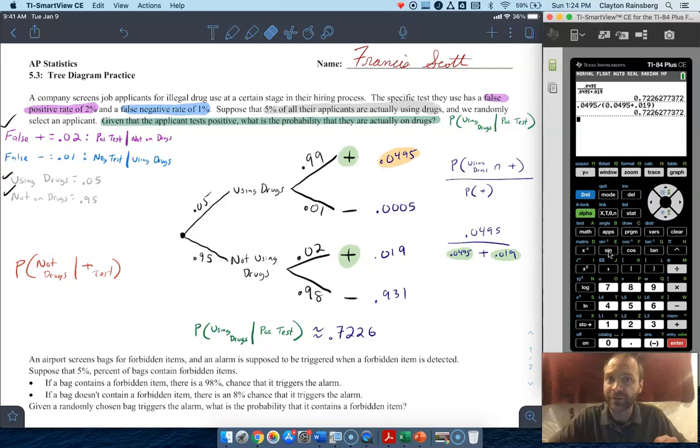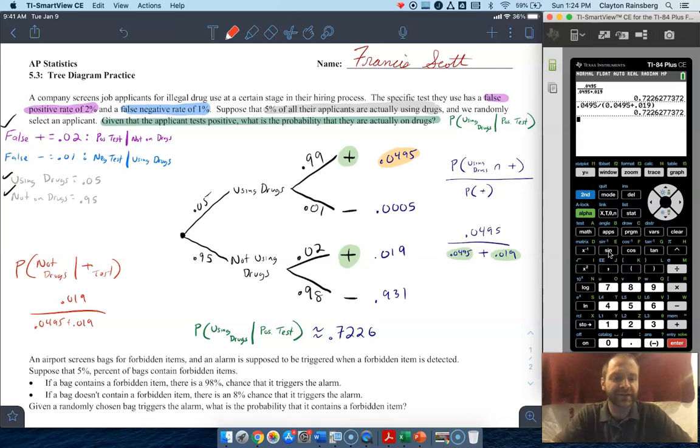It's a very interesting question, because let's do the same idea. I'm going to find the and first. The and would be not using drugs and testing positive. Well, that's the 0.019 over the probability that it is a positive test. That's the same sum we have over here, that 0.0495 plus the 0.019.